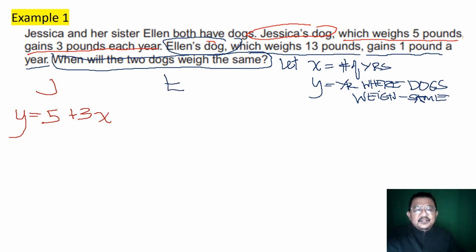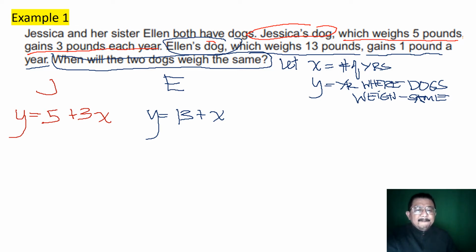For Ellen's dog, y, the weight of the dog, would be what? It says 13 pounds. So 13 plus 1 pound a year, so 1x or simply x. Okay, do we agree with those two? So now we have two equations. Y is equal to this and y is equal to that.